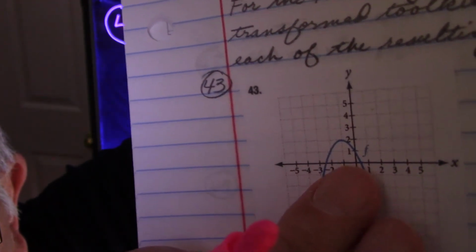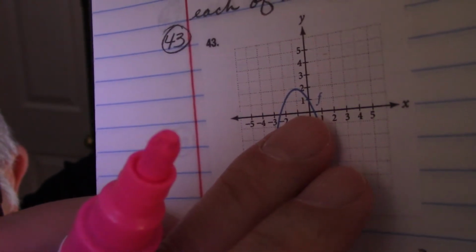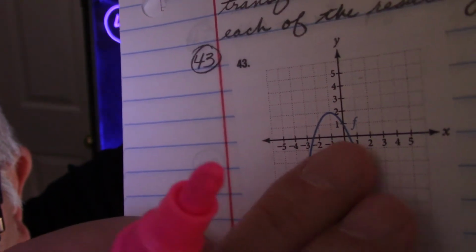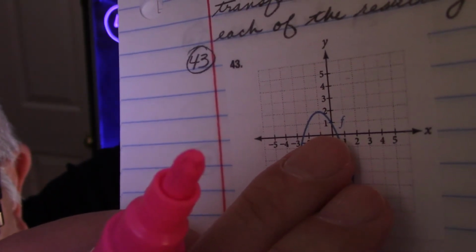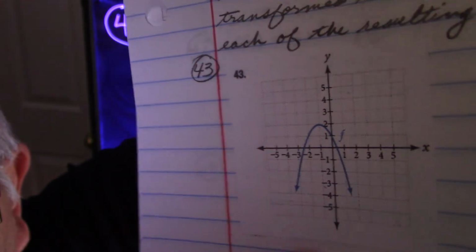So the vertex was there. When you reflect it, it's going to open down and the vertex will still be at the origin, but then you shift it up 2 and then left 1. All right, so how do you show that?